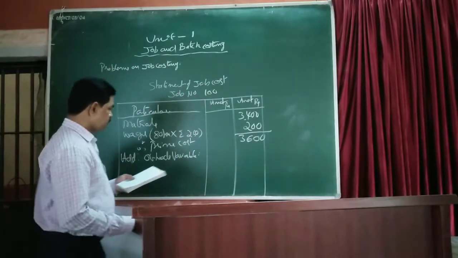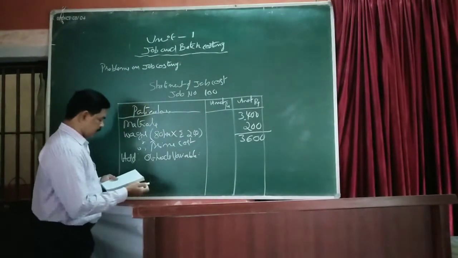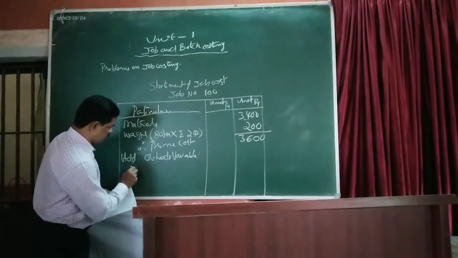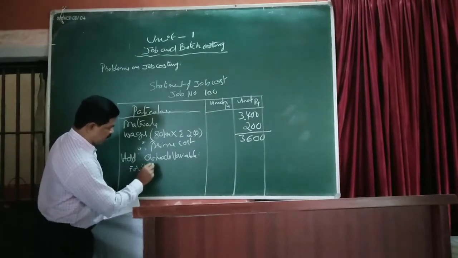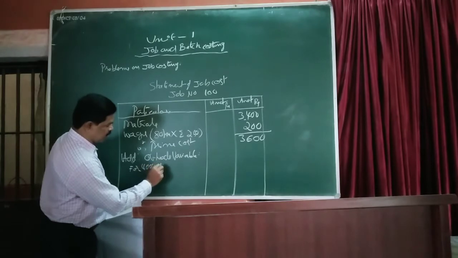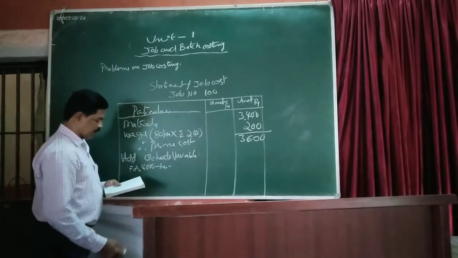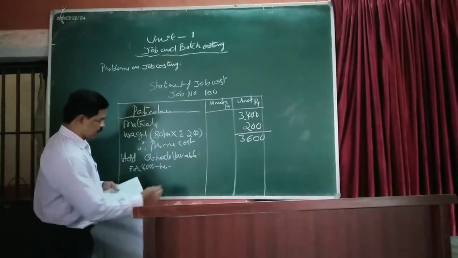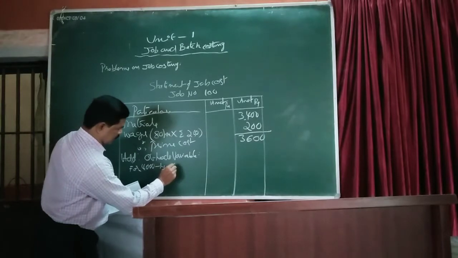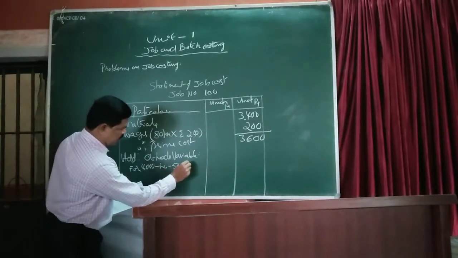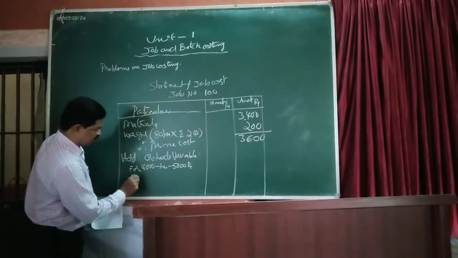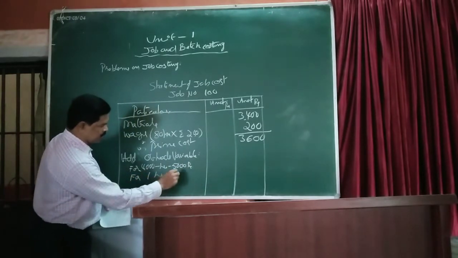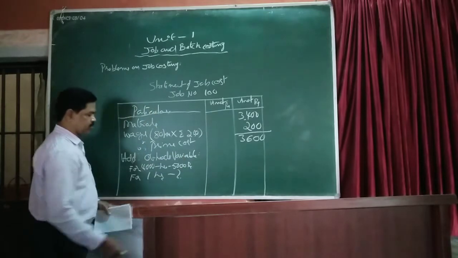Here for 4,000 labor hours, what is the overhead cost? 5,000 rupees. So for 1 hour, what is the overhead? First of all, calculate this.